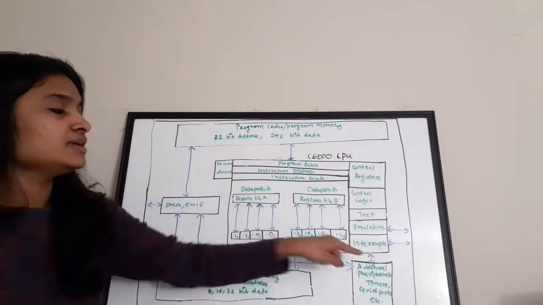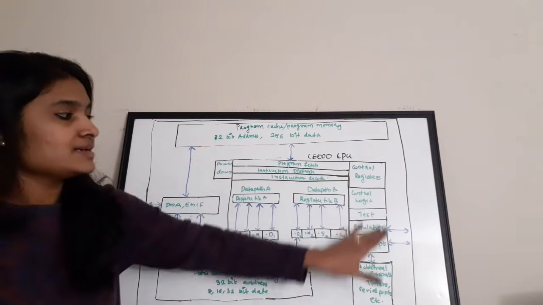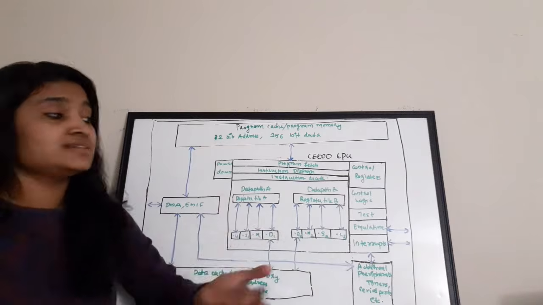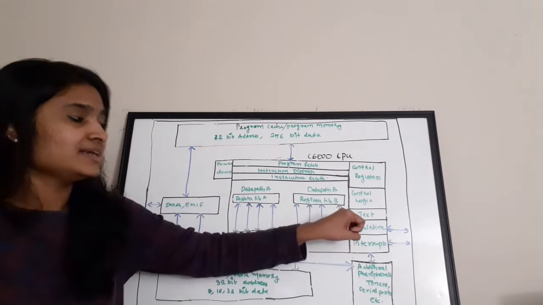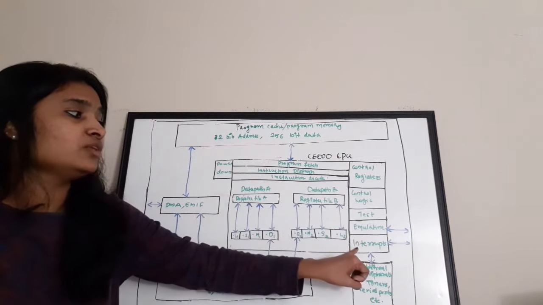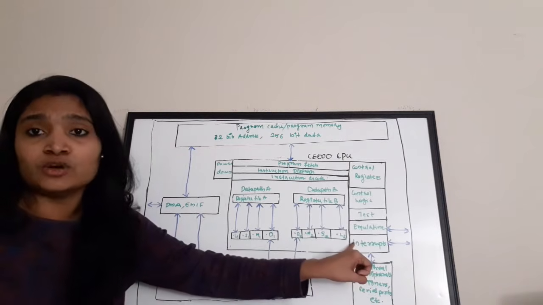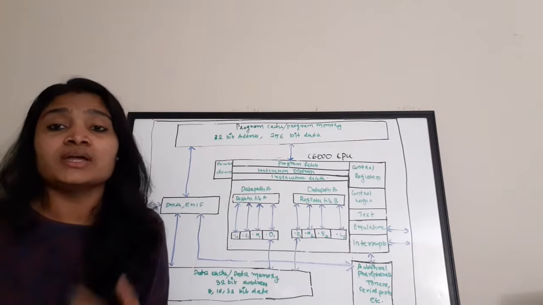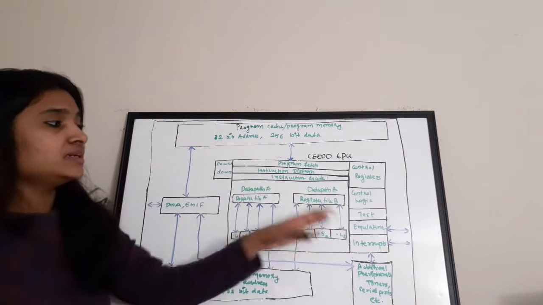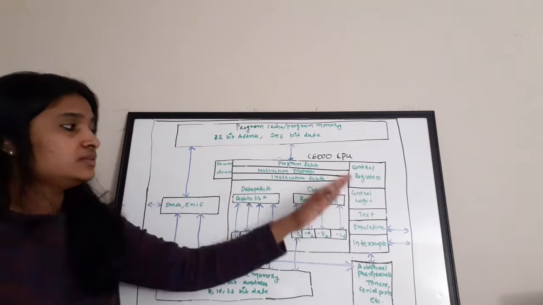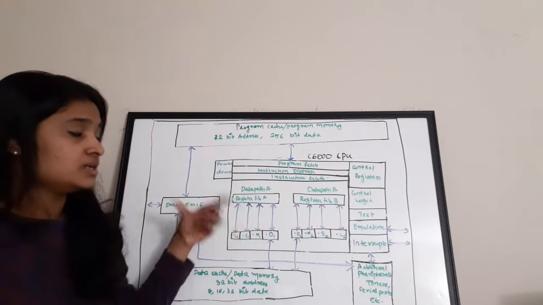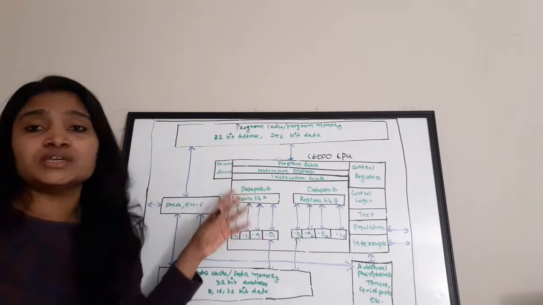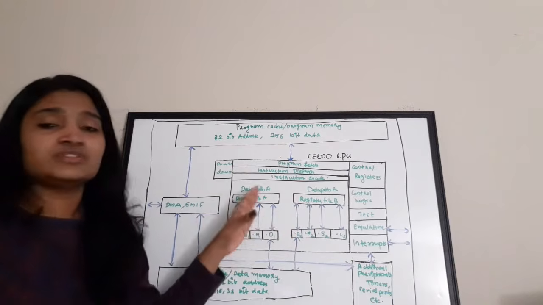Now, let us move on to this area. This area consists of all the control registers, control logic, testing area, emulation and also the area for handling of the interrupts. We know that the DSPs will handle interrupts also. So for the interrupt processing, the test, emulation and the control units, we need some control instructions and control logic for the correct operation of this CPU, right?